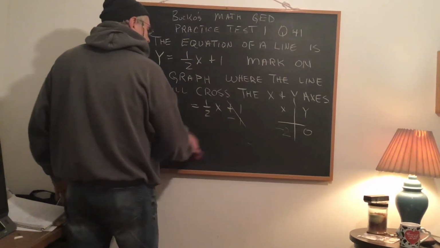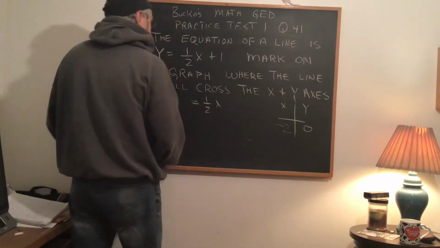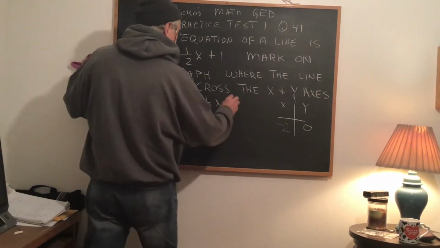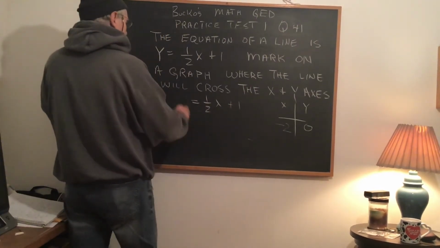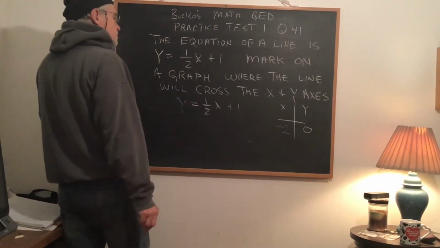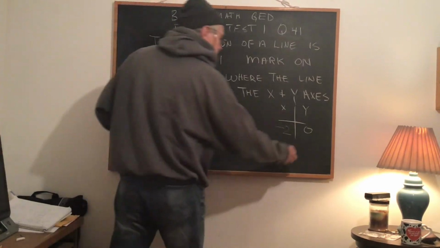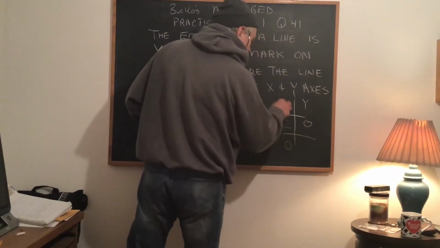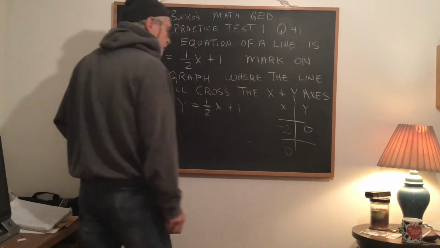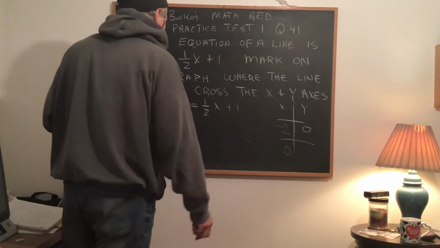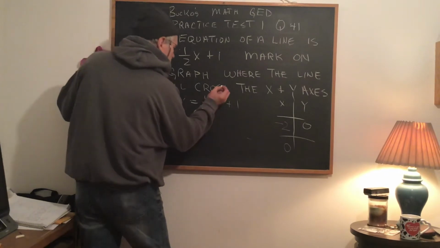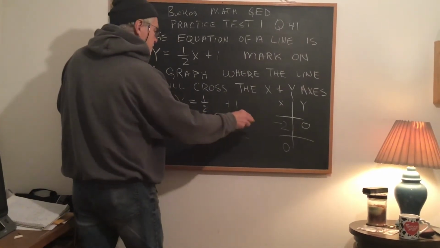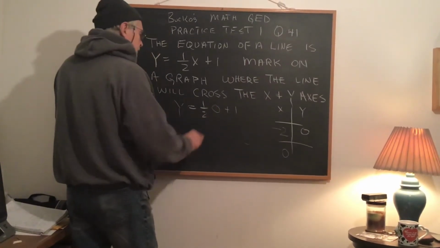Now we go back. Start again with our original equation. Now we want to set x at 0 over here, and see where it takes us. So simply plug in 0 for x.